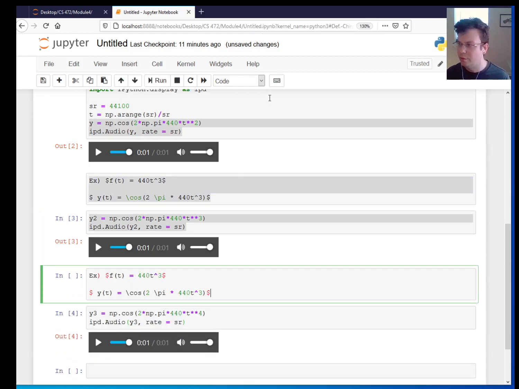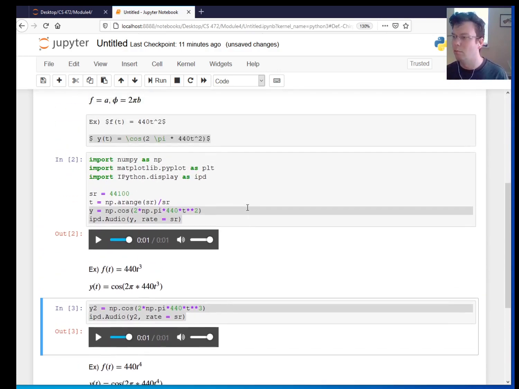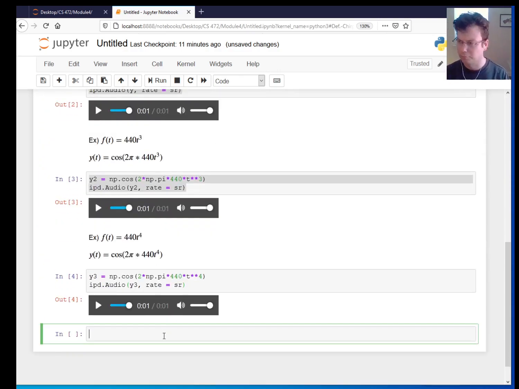Now what's maybe a little bit surprising about that is the fact that if I go to plot these functions f of t, then I will see that, okay, so let's go ahead and do that.